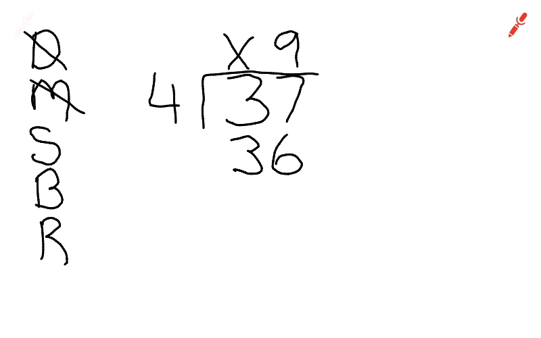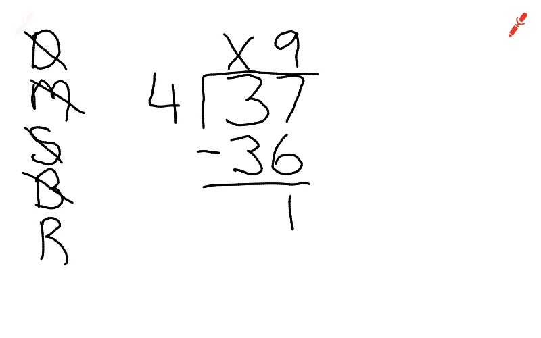Sister step of subtract. 37 minus 36, and we're left with 1. Brother step, nothing to bring down. Skip the poor brother. And then our last is Rover, repeat or remainder.